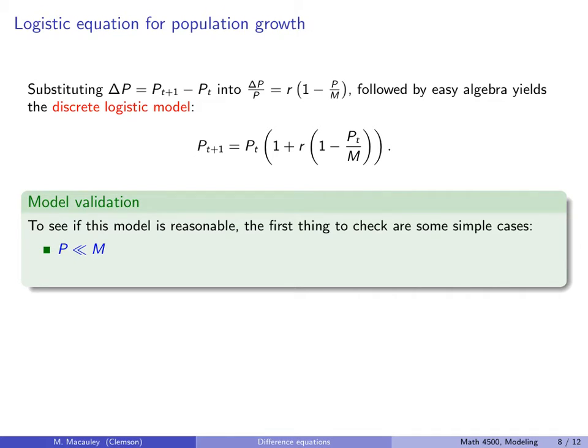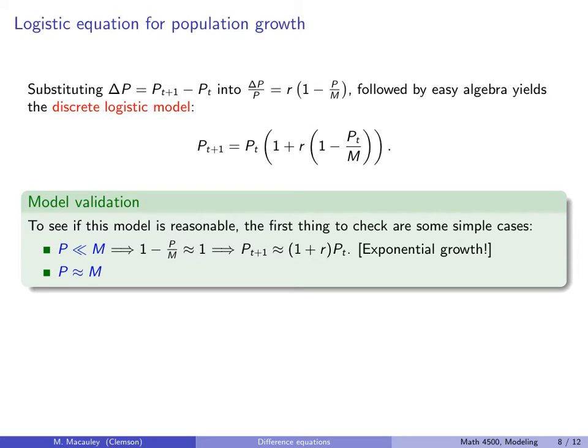Okay, so to see if this model is reasonable, the first thing to check are some simple cases. When population is very small, so p is much smaller than m, then 1 minus p over m is going to be approximately equal to 1, because we have 1 minus something that's very small.